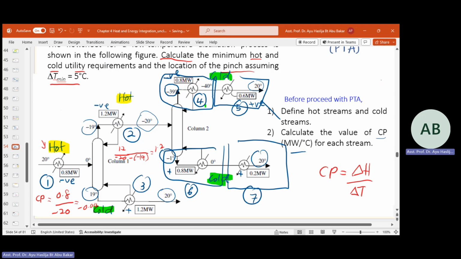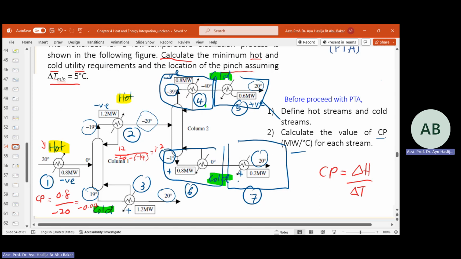Okay, so you need to know the delta H sign first, whether it is negative or positive. Hot stream, negative sign.